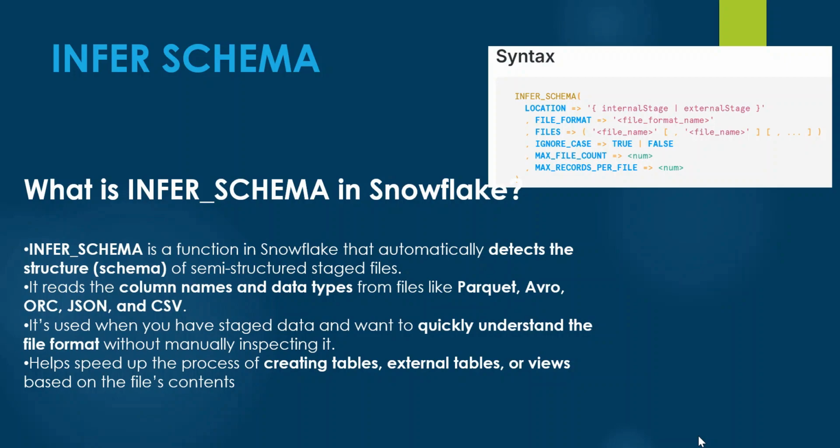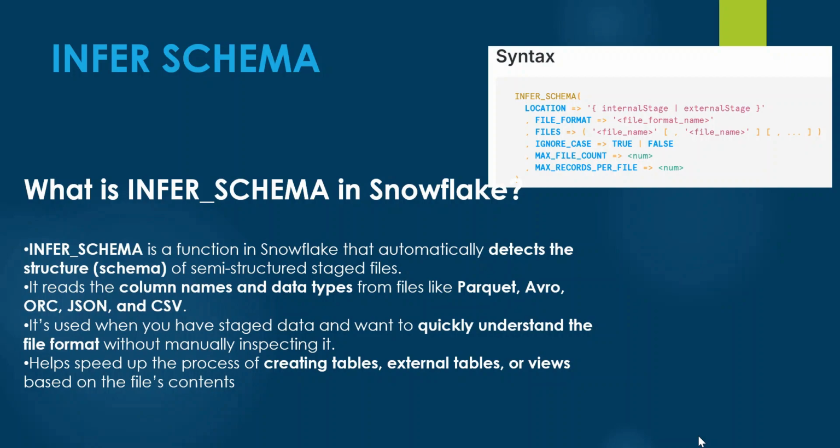Now, suppose the client is asking you to create a table on the fly, then Snowflake has a powerful feature called Infer Schema, which can automatically detect the structure of those files which are already in our stages and figure out the column names and the data types, which helps us create tables directly from that schema.